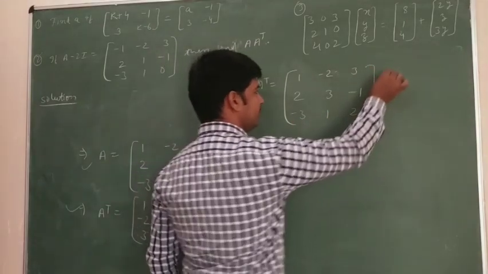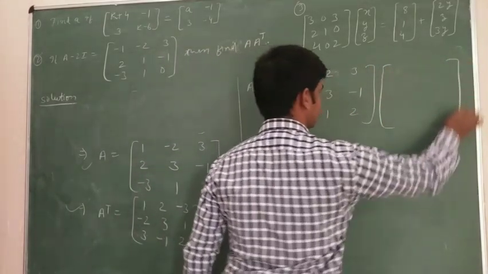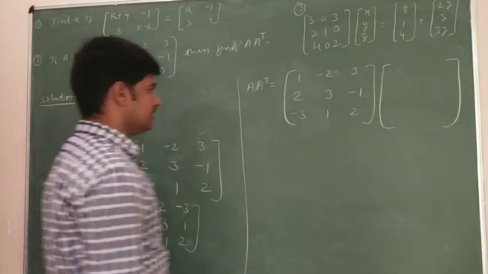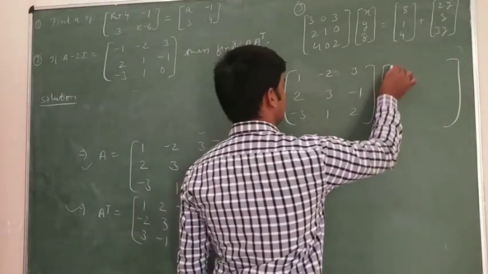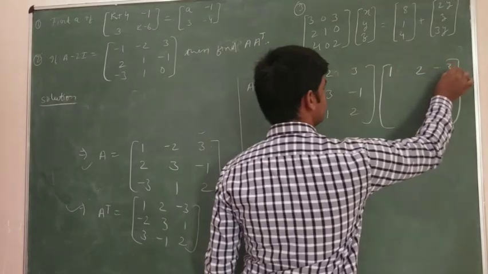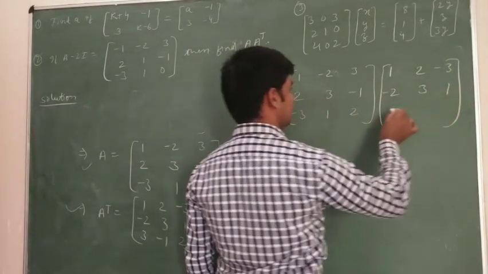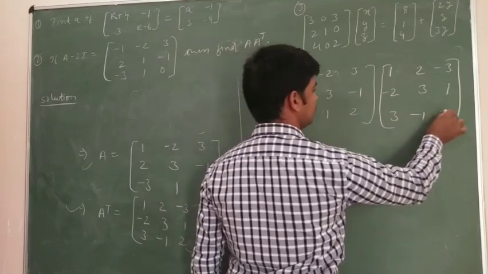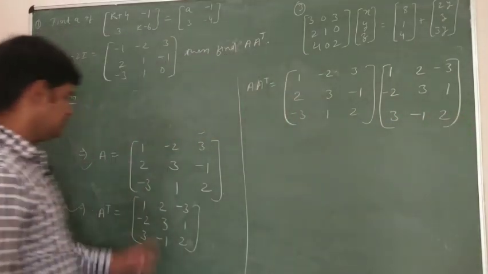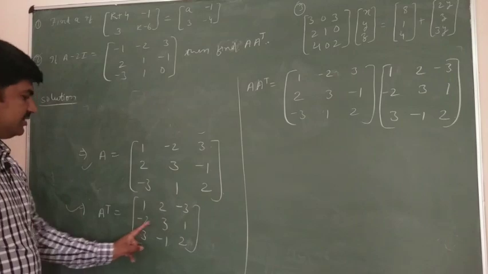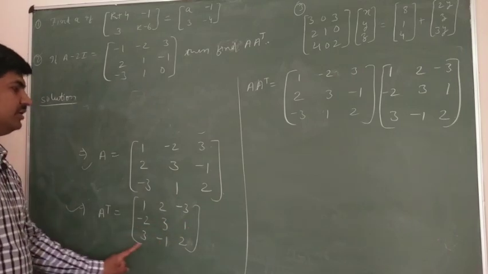And here we have to write its transpose that we have written here, and this transpose I am writing as [1, 2, -3], [-2, 3, 1], and [3, -1, 2].